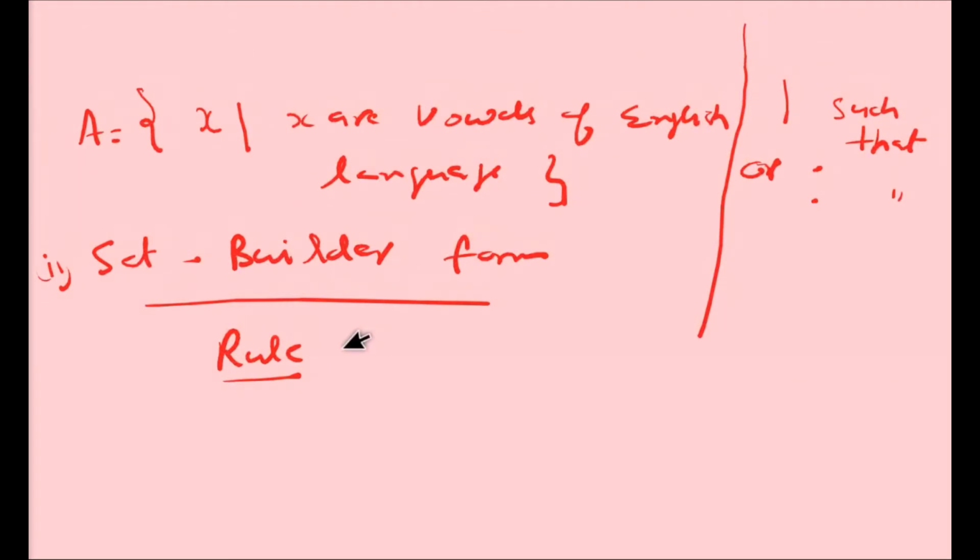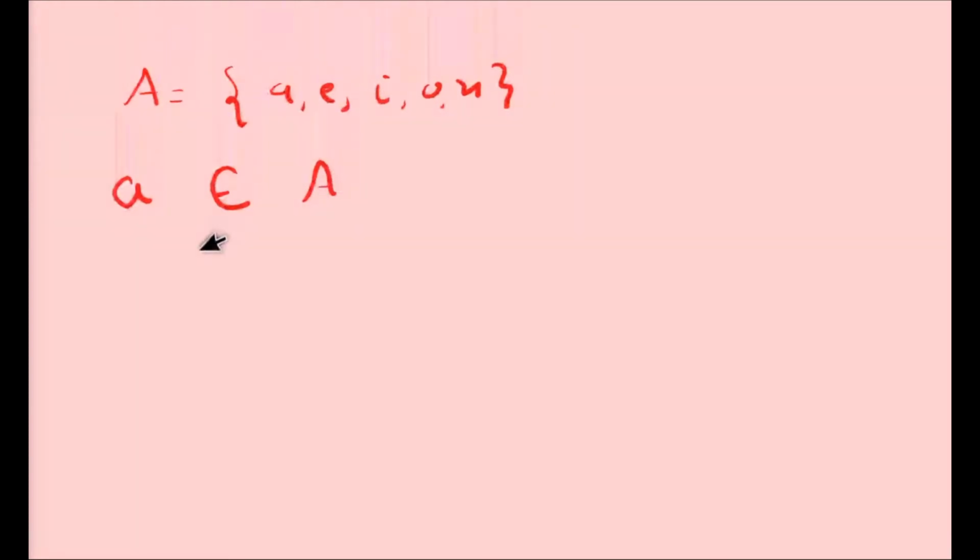Okay students, now I will give you something more about this. Taking the same example, here is A, E, I, O, U. I will write here: A is a member of set A. This symbol we use for member of; this symbol means belongs to.